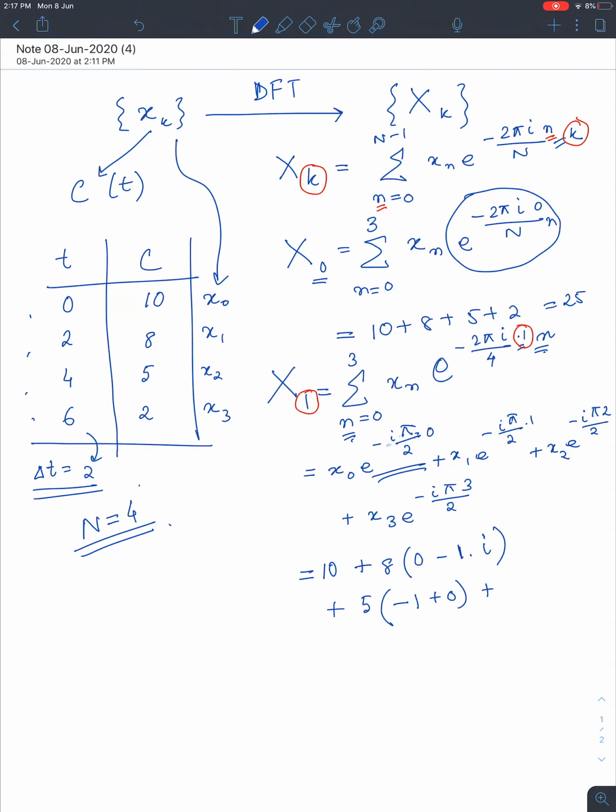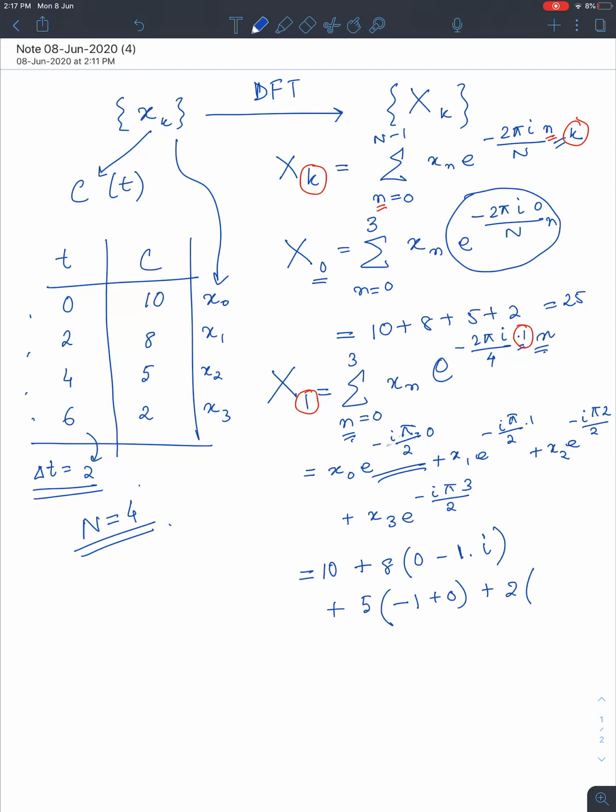Plus x3, which is 2, times e to the power minus i 3 pi by 2. So what is 3 pi by 2?